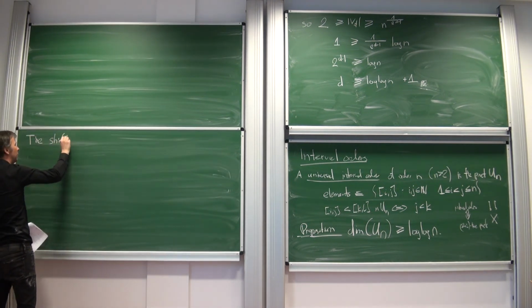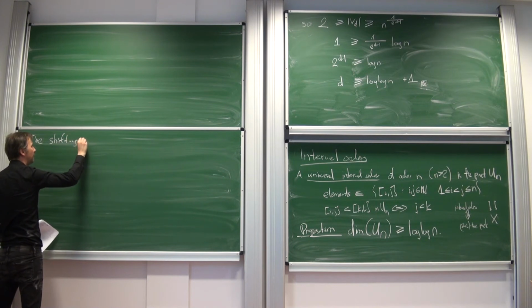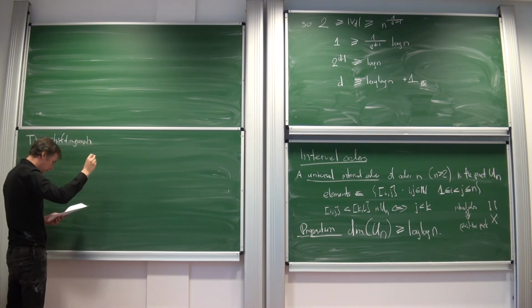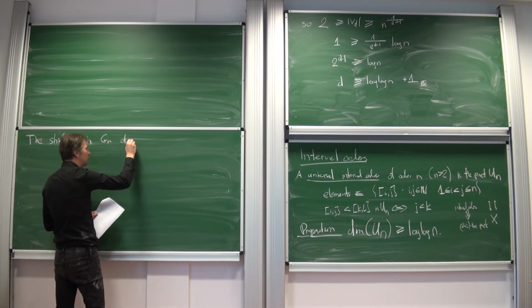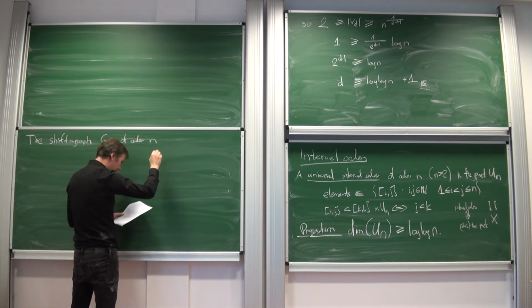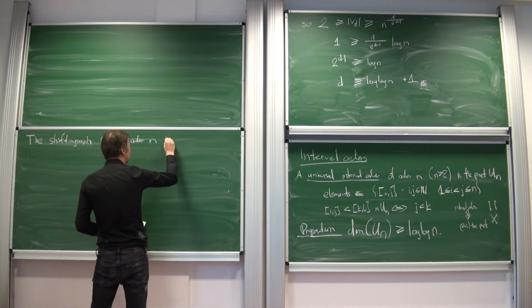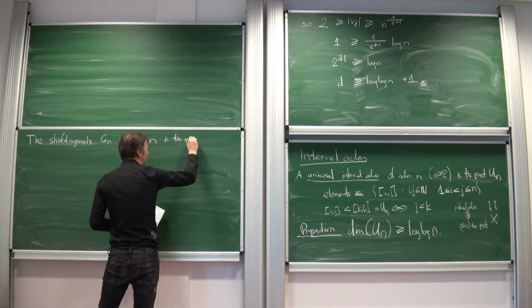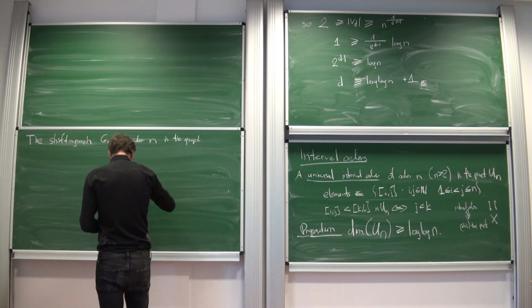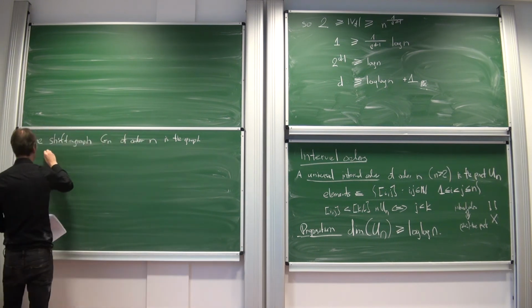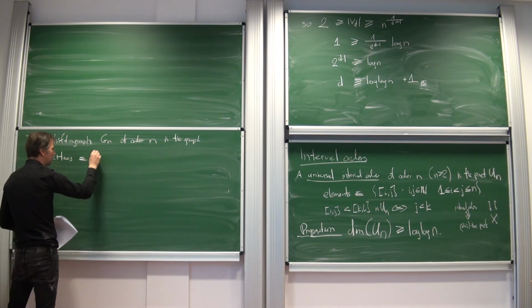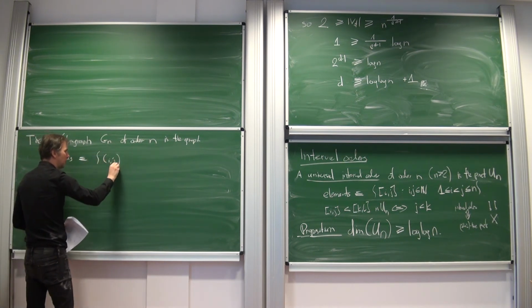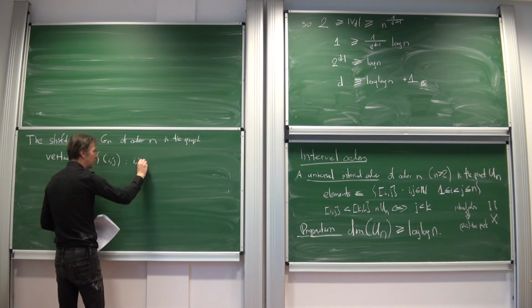The shift graph Gn, of some order n, is the graph this time with vertices being again our pairs [i,j] such that i and j are natural.